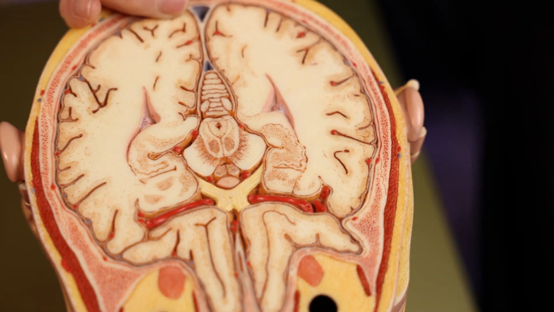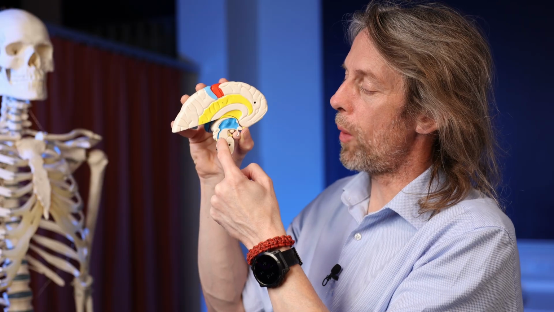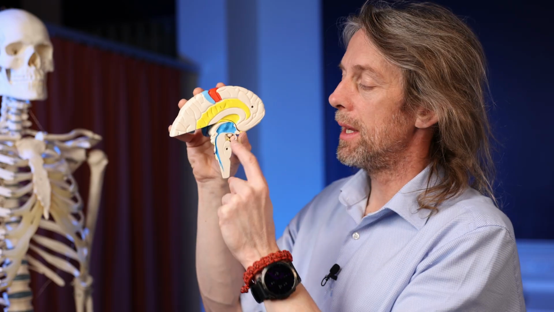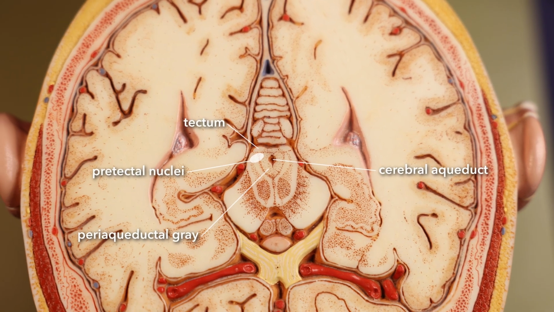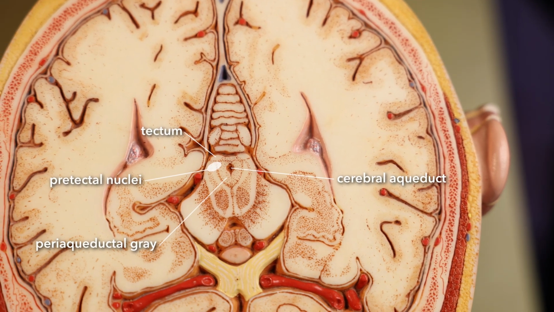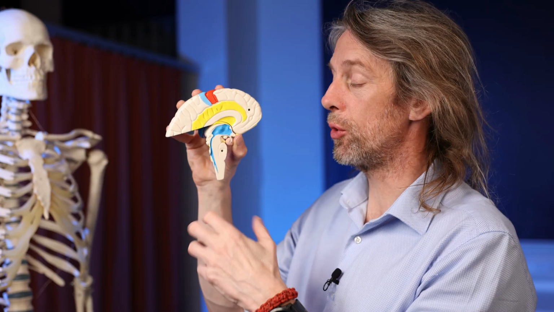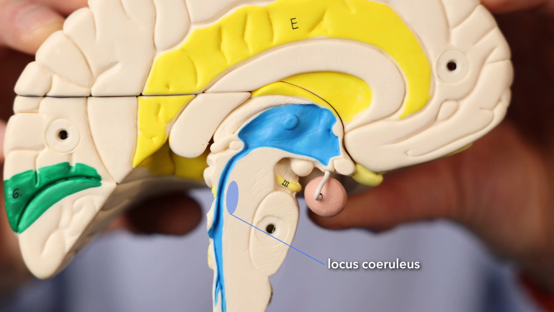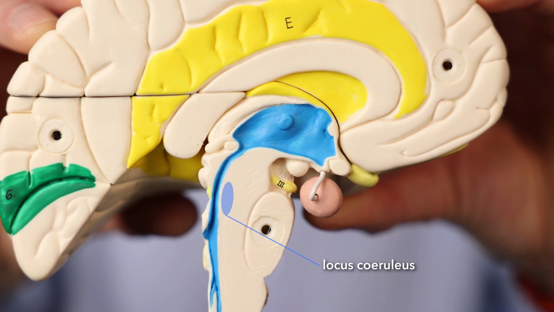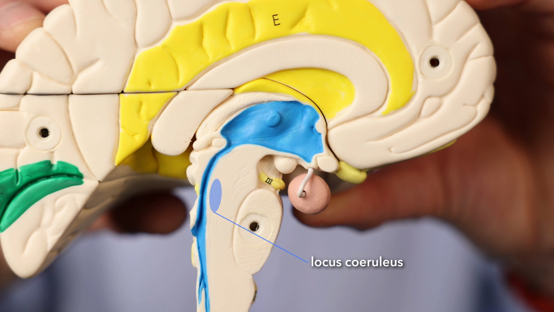Now, from those inputs, in the midbrain, there are some very nearby centers. So if the grey matter around the cerebral aqueduct is called the periaqueductal grey, there are some relays in there. Also in the midbrain, there is a region called the locus ceruleus, the blue spot. There are a lot of lovely colourful spots in the midbrain.